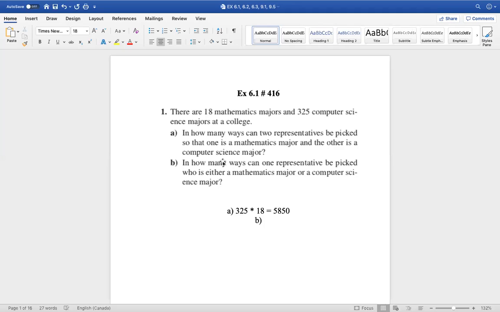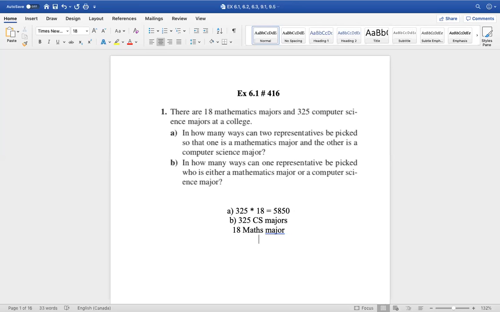Next part, in how many ways can one representative be picked who is either a mathematics major or a computer science major? Here we have 325 computer science majors and 18 maths majors.